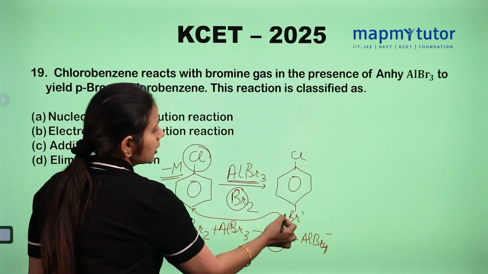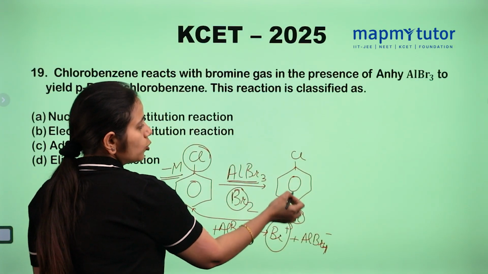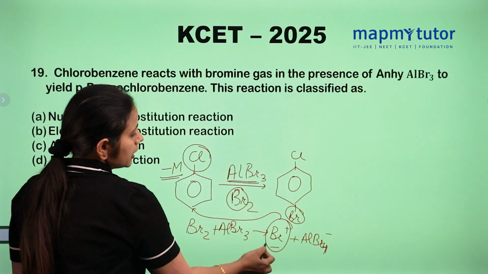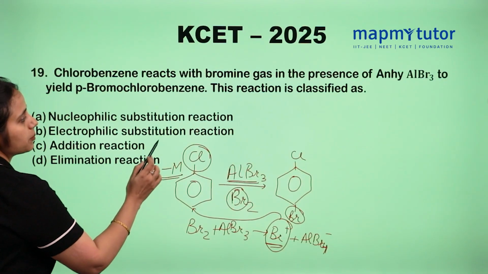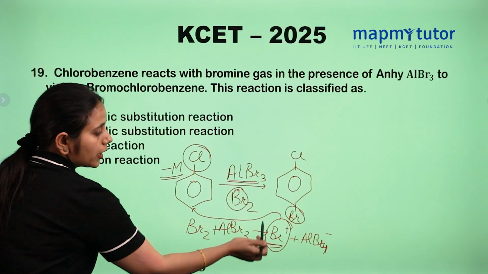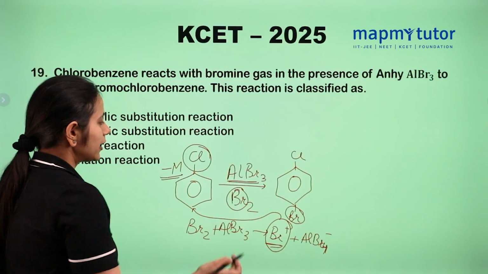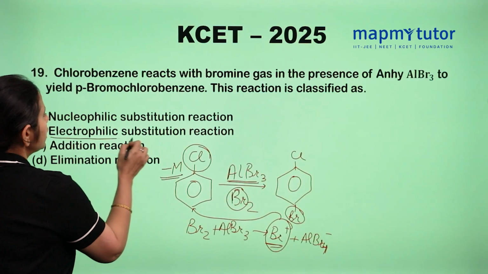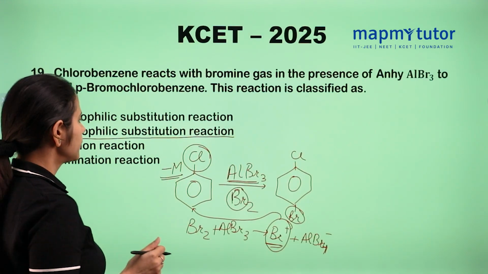So bromine comes at the para position preferably. So this is para-bromochlorobenzene, and this bromine is acting as an electrophile. So this reaction is an electrophilic substitution reaction, because we substitute bromo, acting as an electrophile, at the para position. So B is the right answer.